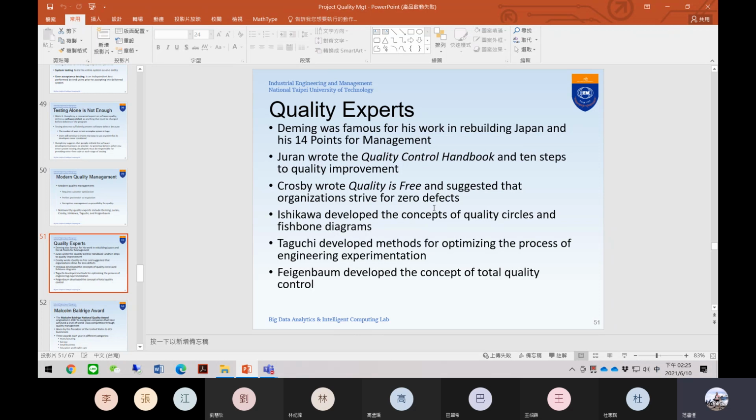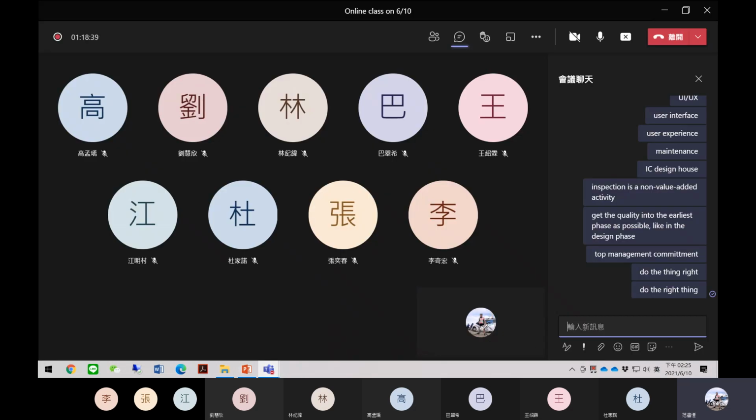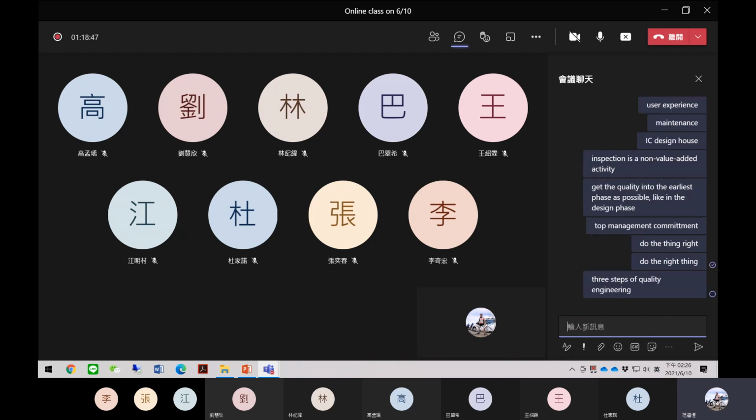Taguchi developed a method for optimizing the process of engineering experimentation. So for quality engineering, would any one of you remind us what the three steps of quality engineering are? Lin Jiwei.